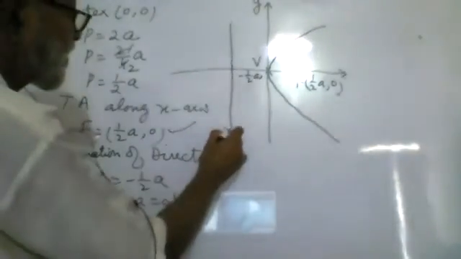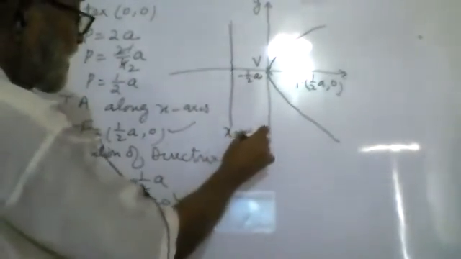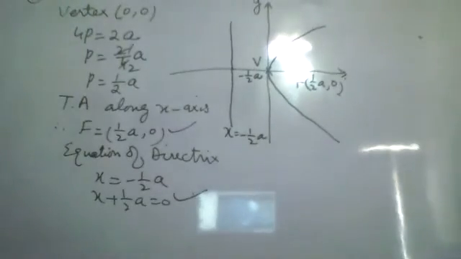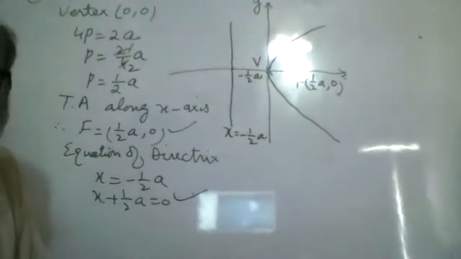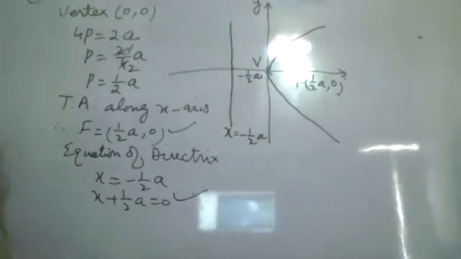So this is the parabola. The equation of the directrix will be on the other side, so minus 1 upon 2a. So x is equal to minus 1 upon 2a. This is the directrix.